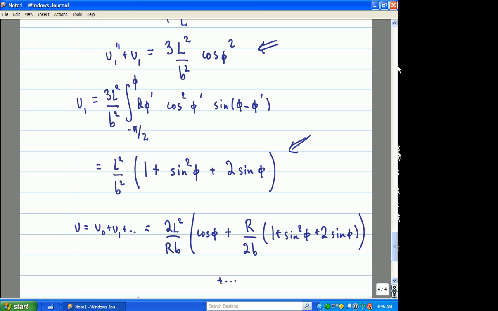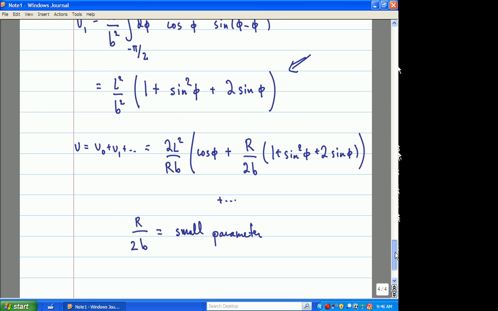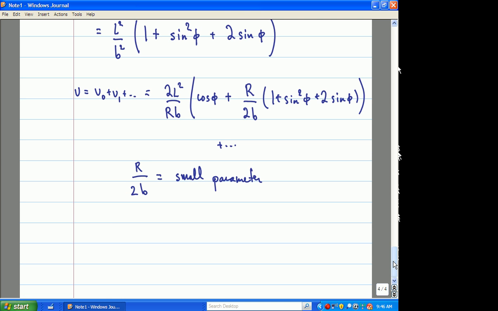I encourage you to just go ahead and plug this in, and you'll see that this is the right solution to the differential equation. So you could then go ahead and draw this on the R phi plane or on the XY plane. And what does it look like? Well, I'll tell you what it looks like.